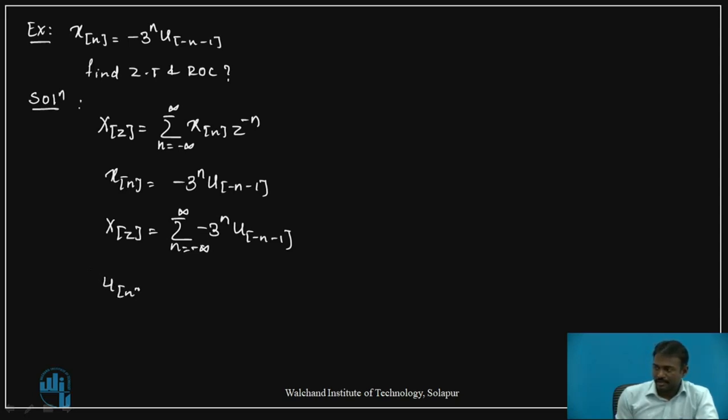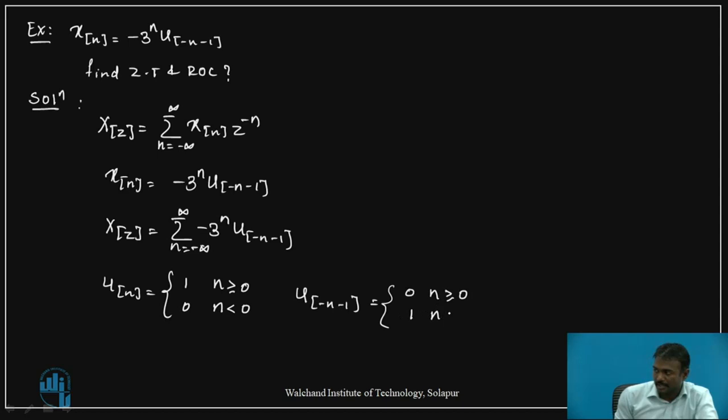So u of n is equal to 1 for n greater than or equal to 0 and u of n is equal to 0 for n less than 0, where u of minus n minus 1 is a modified version of u of n, and this is defined as u of minus n minus 1 is equal to 0 for n greater than or equal to 0 and it is equal to 1 for n less than 0.